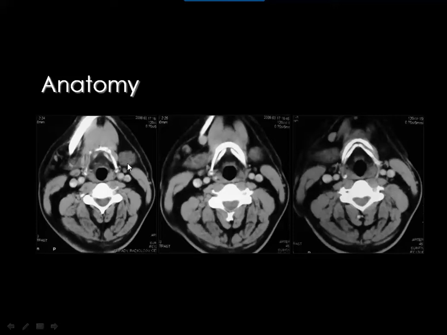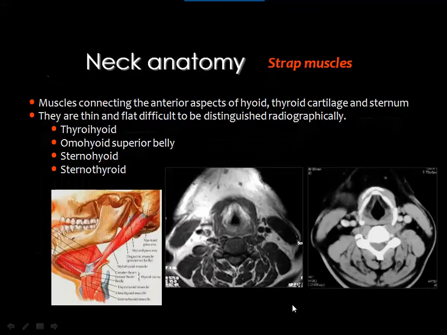Then you see the left submandibular salivary gland, and this is the right one. Then lower down you can see clearly the region of the epiglottis here, and this is the thyroid cartilage. And the same by CT and by MRI, you can see this is the region of the false vocal cord. I will mention after that, but this image is just to show what's known as the strap muscles.